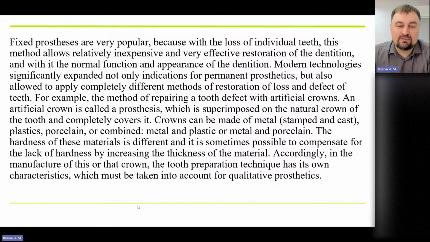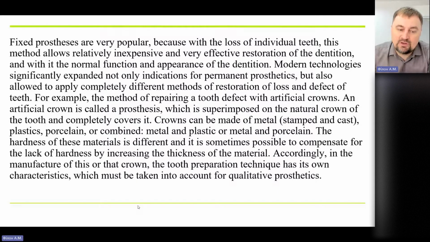For example, the method of repair of a defect with artificial crowns. An artificial crown is called a prosthesis which is superimposed on the natural crown of the tooth and completely covers it. Crowns can be made of metal, plastics, porcelain, or combined metal and plastic, or metal and porcelain, or just porcelain.